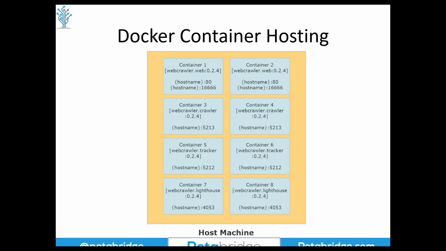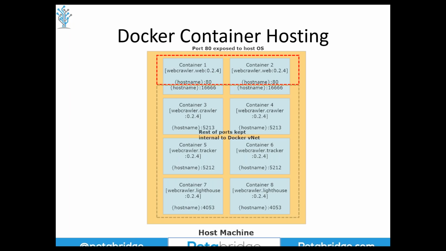Now, the way Docker gets hosted is the host machine essentially provides a high degree of isolation between all these different containers. However, these containers have the ability to specify at the time they're created which ports can be exposed to the host operating system and which ports will be exposed to each other via the internal Docker virtual network.